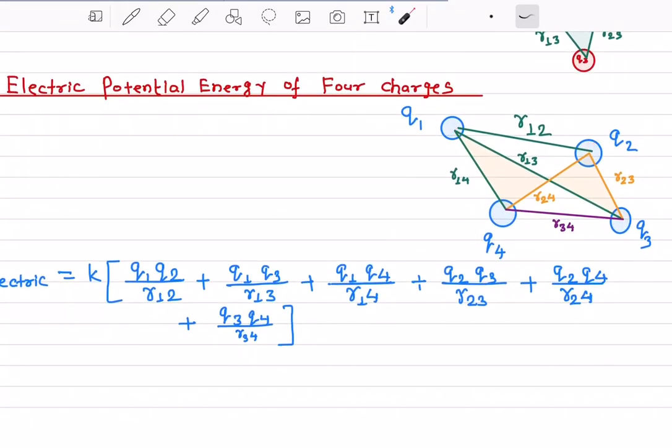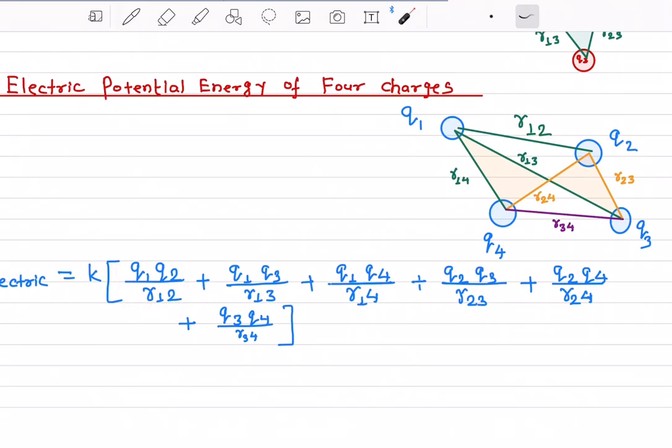Now let's extend this to four charges. Now we have Q1, Q2, Q3 and Q4. So again, first let's find out the potential energy of Q1, Q2, and then Q1, Q3 and Q1, Q4. So that's how we're going to find it out.